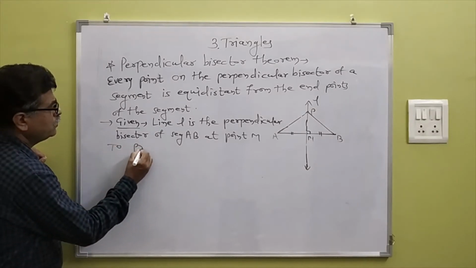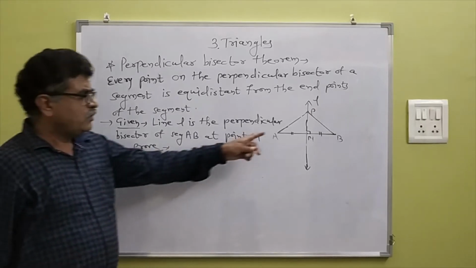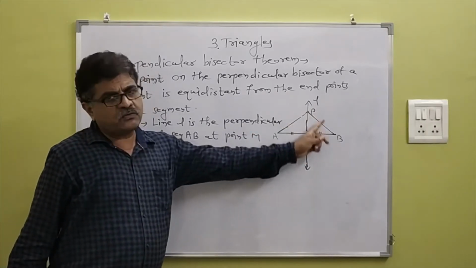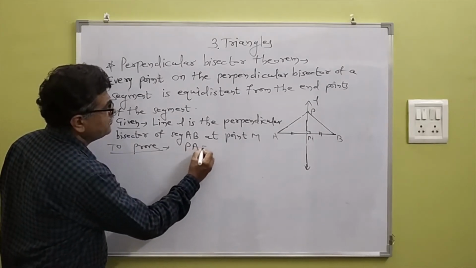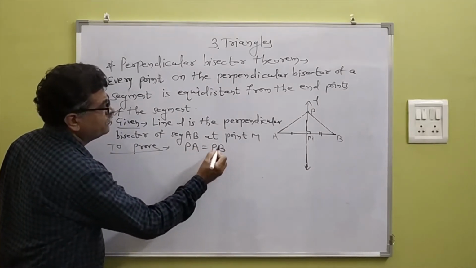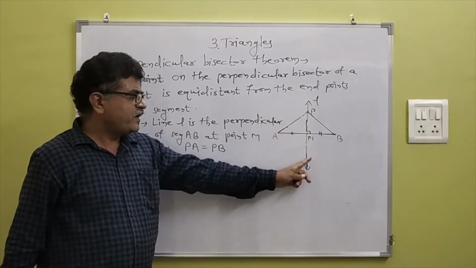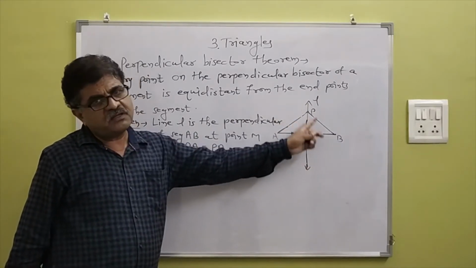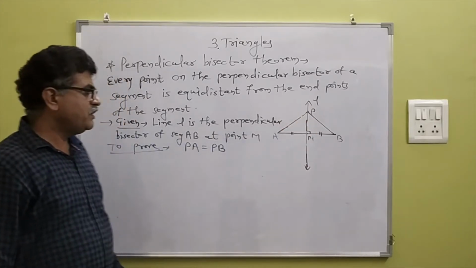To prove, now here we have to prove PA is equal to PB. That is, any point P is equidistant from the endpoints, that is PA is equal to PB.